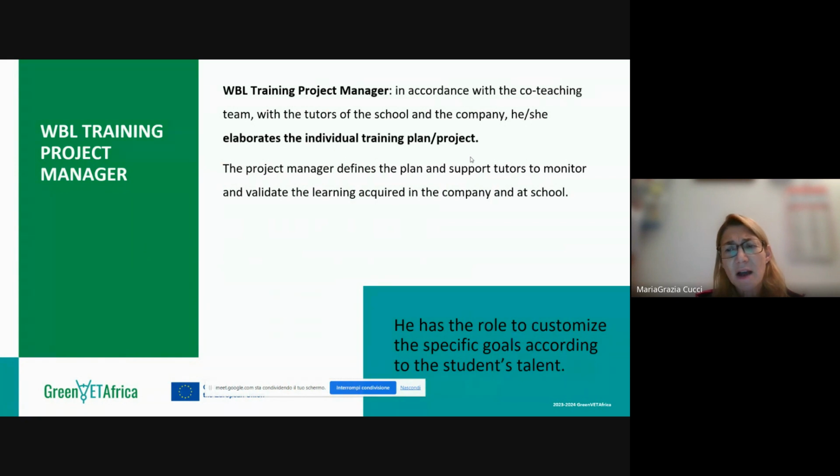Then, if we have the opportunity to have dual systems, or internships, or stages, or other opportunities to stay inside the companies to practice a specific job in order to achieve more competencies about it, we have a training project manager, a WBL training project manager.